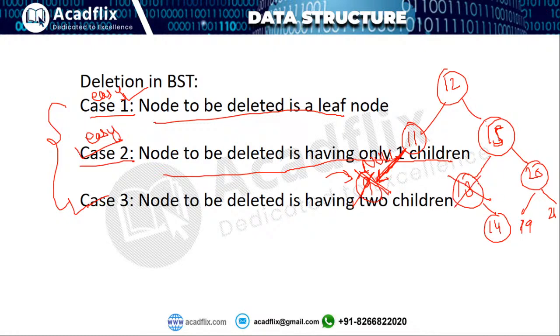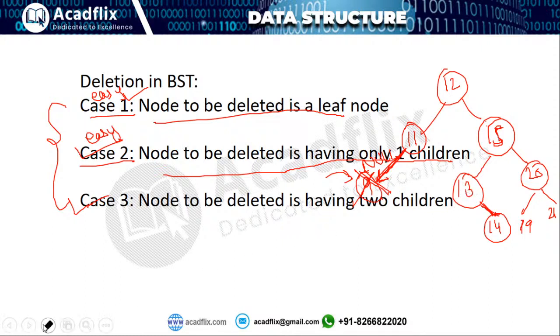Because this node can be deleted, but I have to take care of its children, because even after this node is deleted, something has to be done for its children. The children should still be accessible even after I delete this node.